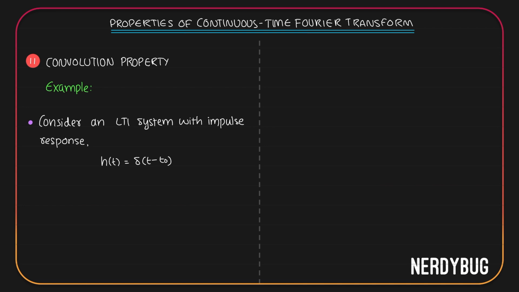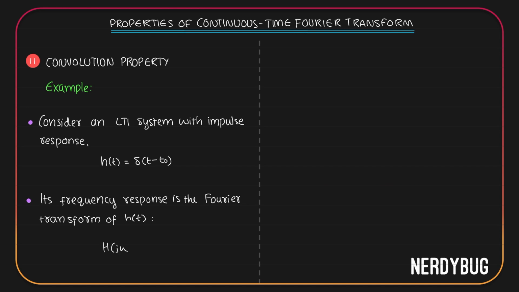The impulse response h of t is delta of t minus t naught. So we can write its frequency response by taking the Fourier transform of h of t. Frequency response will be h of j omega, and it will be the Fourier transform of delta of t minus t naught. We know the Fourier transform of delta of t is 1.